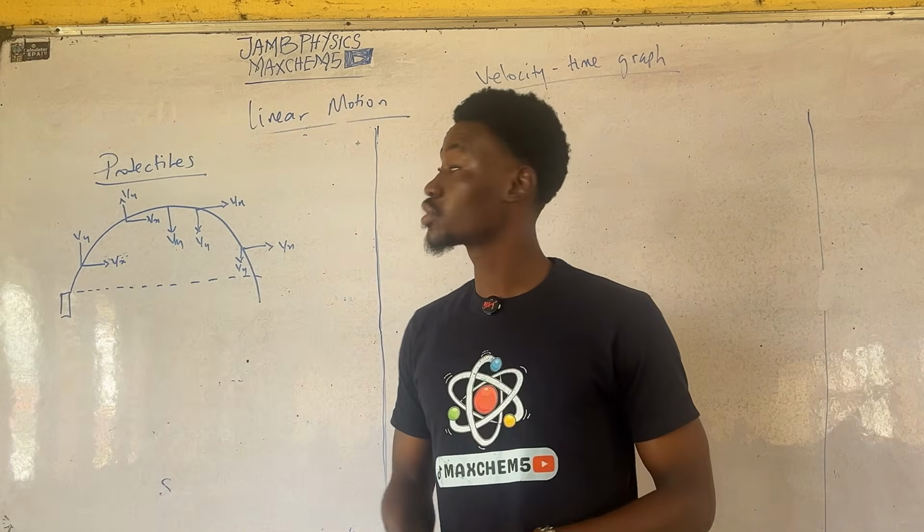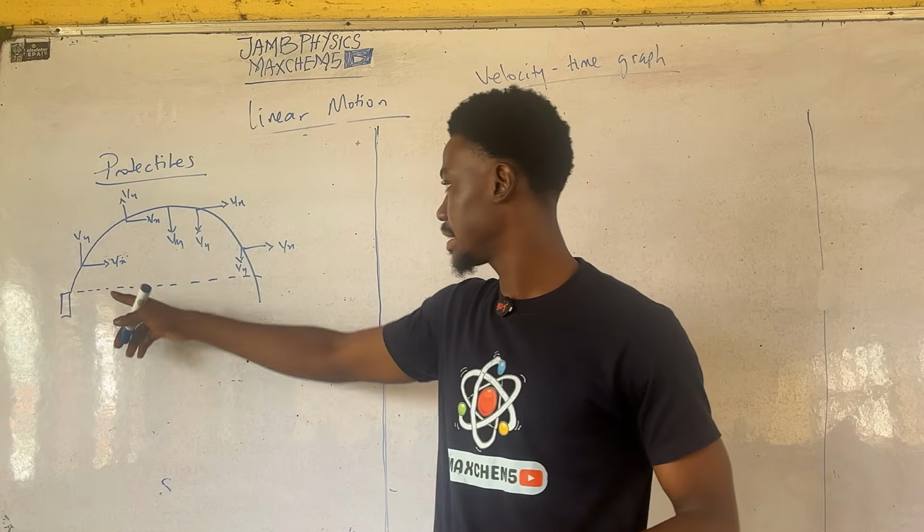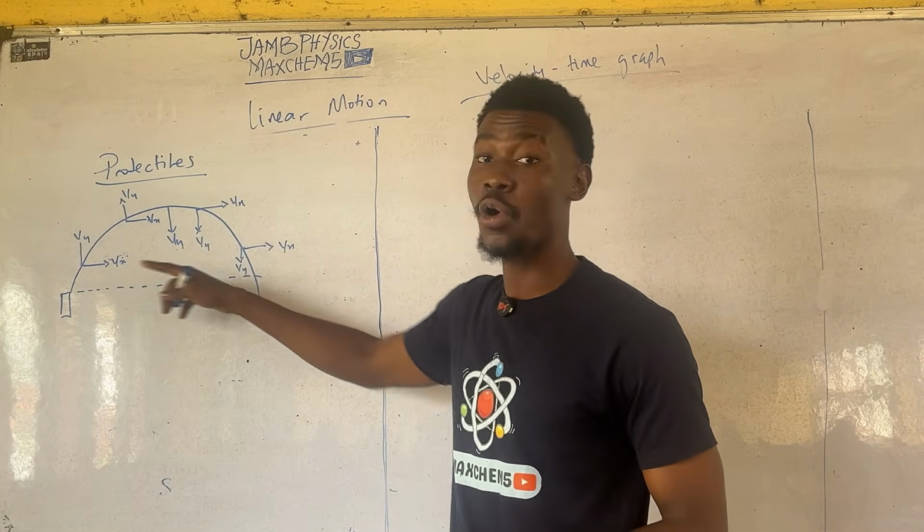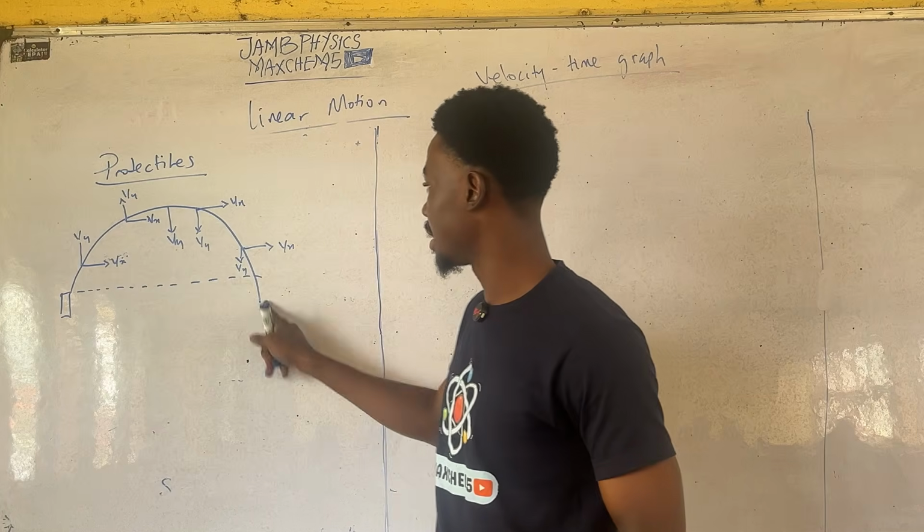So this is an example of a stone thrown through a cliff. You can see the parabolic path or the curved path of the stone as it lands on the floor.